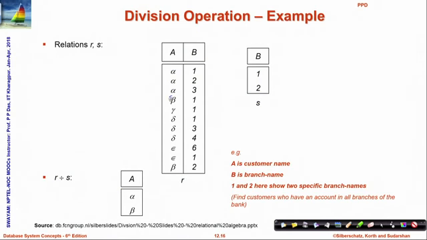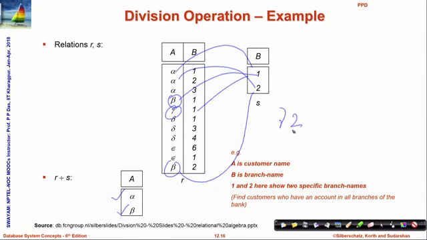Beta 1 is there and beta 2 is also there. So, beta also goes into the relation. Alpha goes in because 1 is there, 2 is also there, but gamma will not go in because I have gamma 1, but I do not have a tuple gamma 2 in R. If I had gamma 2 in R, that will go in the result.